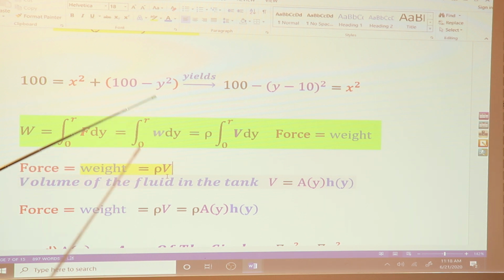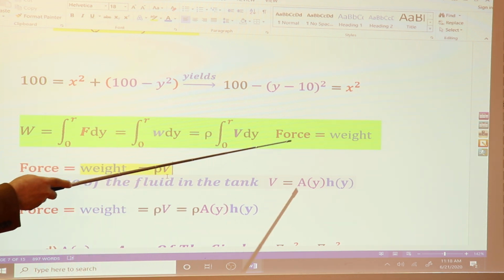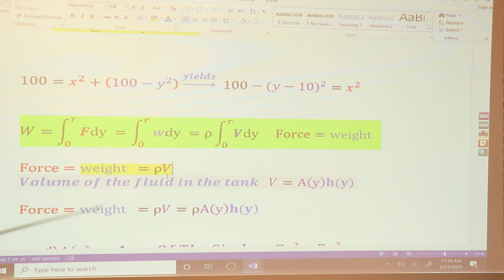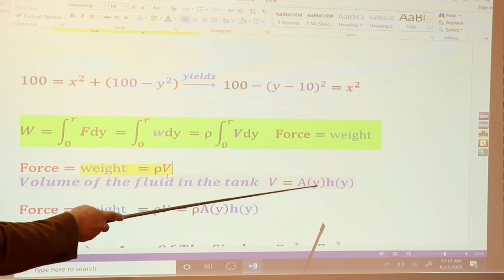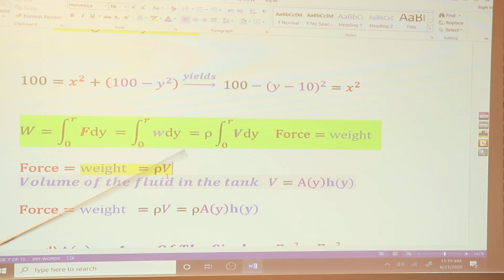In this case, the force equals the weight. Now start your problem. You have to find the volume, and see which part of the volume is changing. Volume equals dA times the height of that fluid you want to pump. Then the force equals rho dV, where dV is dA dy.